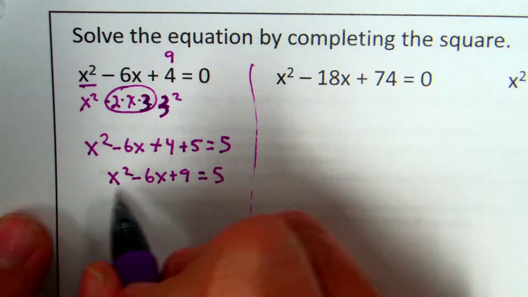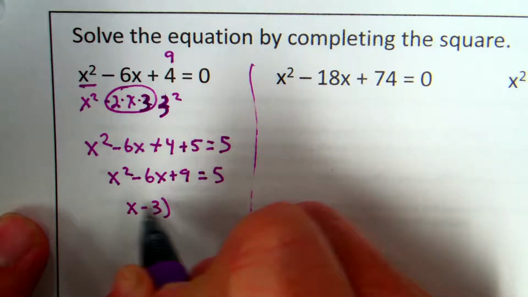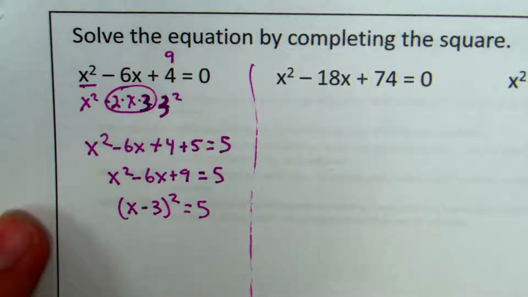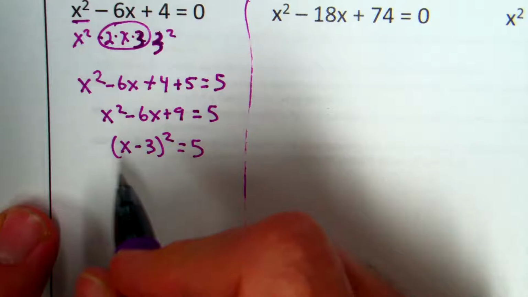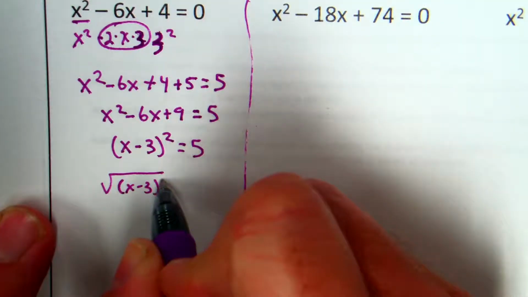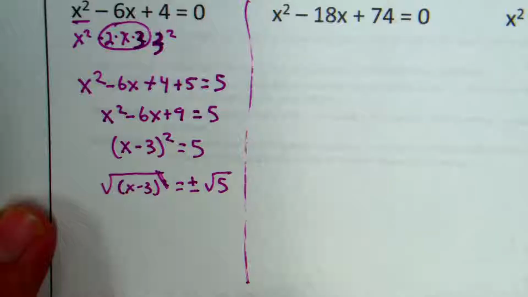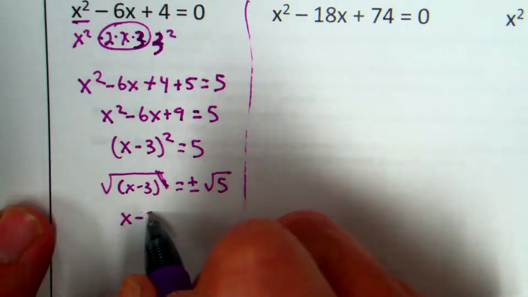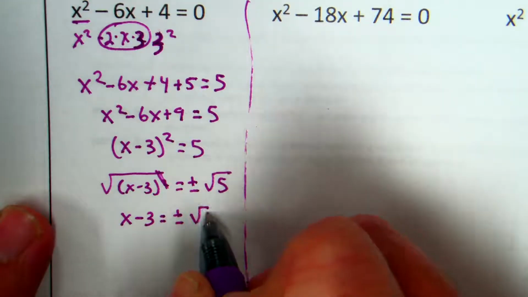Notice that now that this is a trinomial square, I can rewrite it in factored form. And now that it's a perfect square on the left, I can square root both sides to get rid of the square, leaving me with x minus 3 equals plus or minus radical 5.